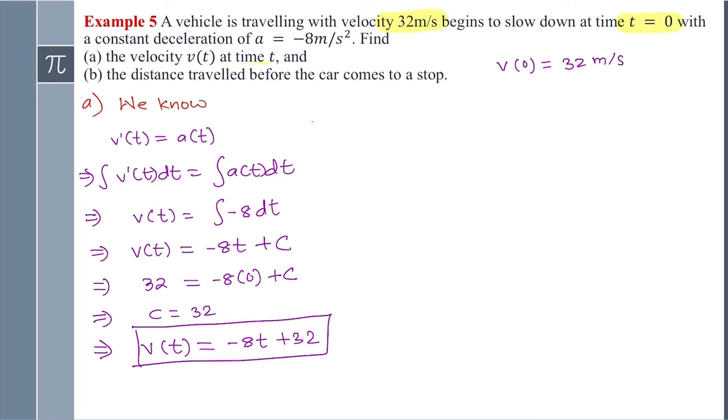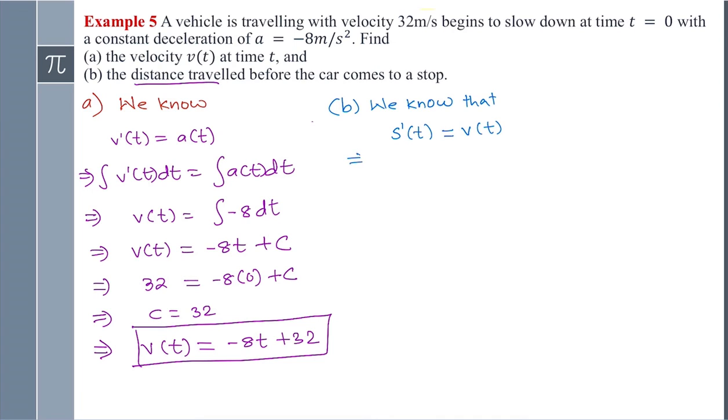Now the second question is, we are asked to find the distance. So again, remember the derivative of position, which is the distance function, gives us the velocity. So for B, we know that the derivative of position, or the distance, gives us the velocity.